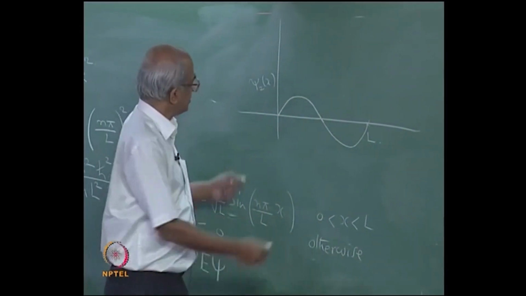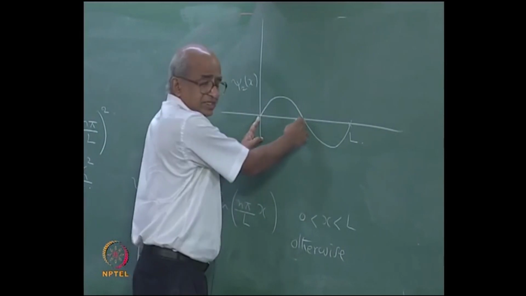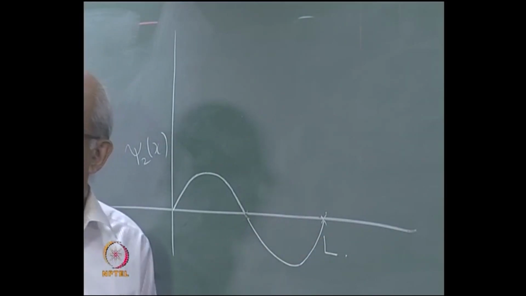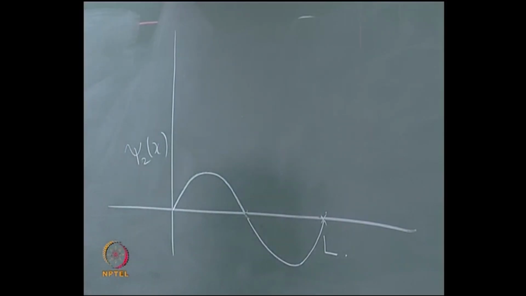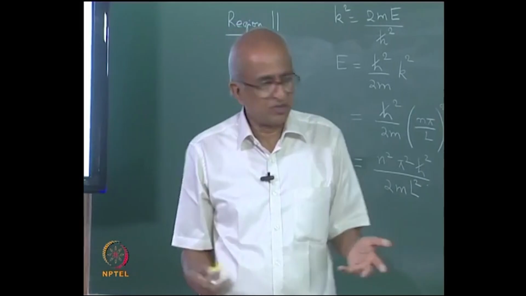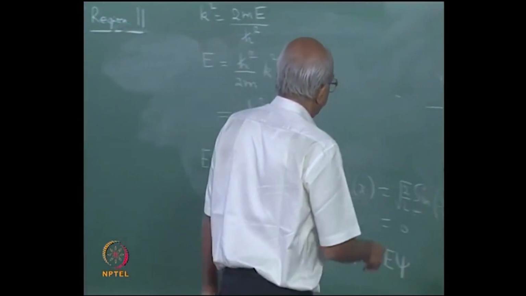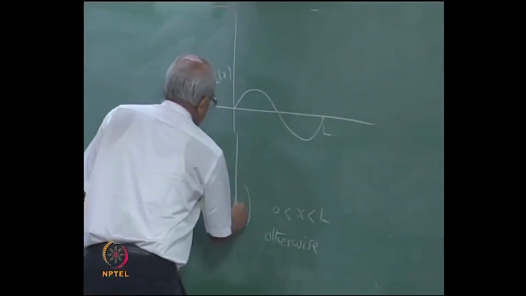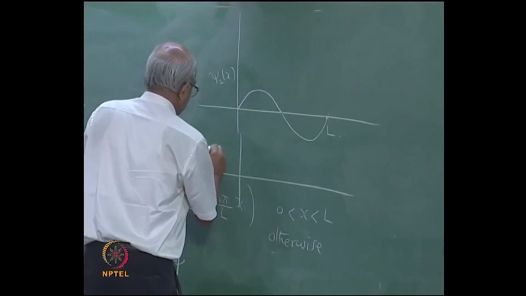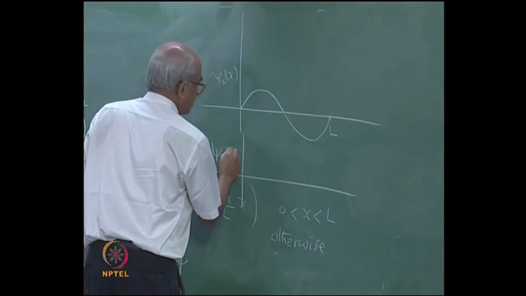So, in this range the wave function is positive, while in that range the wave function is negative. But as far as the square of the wave function, which is the probability density, is concerned, the square will always be positive. So, if you made a plot of the square, maybe I can make the plot just below this, psi 2 of x square.